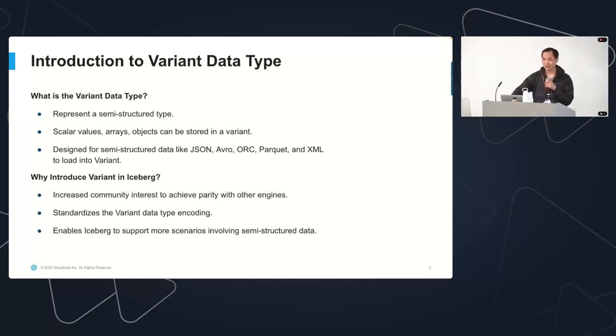When we standardize the variant data type in Iceberg, you point to a single copy. The third benefit is that we can support many more scenarios involving semi-structured data.